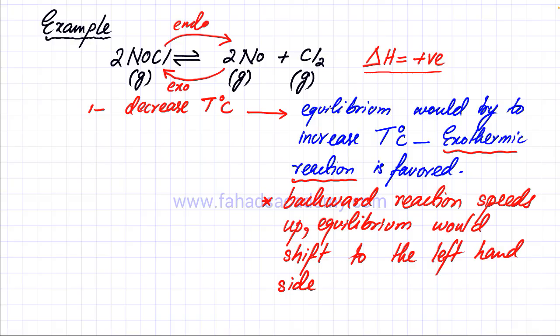If it tries to increase temperature, the exothermic reaction would speed up. The exothermic reaction in this case is the backward reaction, because the enthalpy change is positive, which means the forward reaction is endothermic and the backward reaction is exothermic. So the backward reaction is releasing energy, it's increasing temperature. The backward reaction would speed up and equilibrium would shift to the left hand side. More NOCl would be produced.